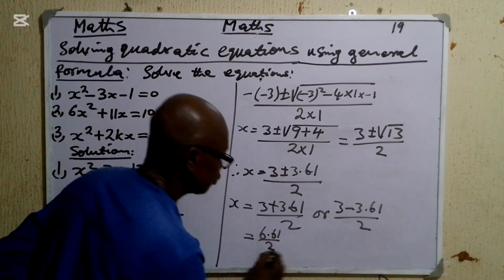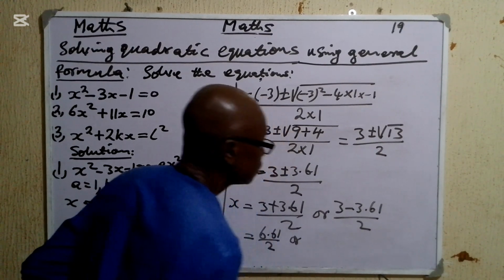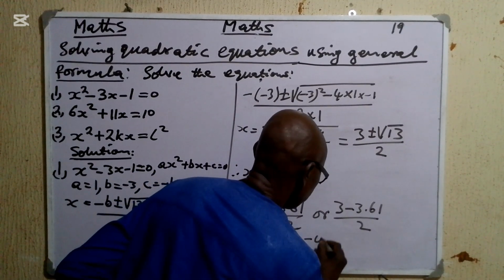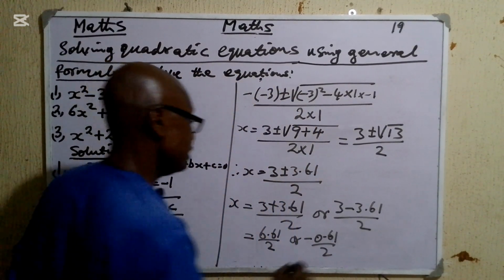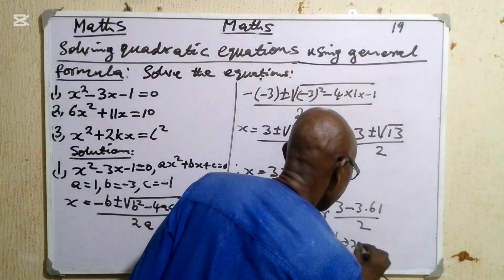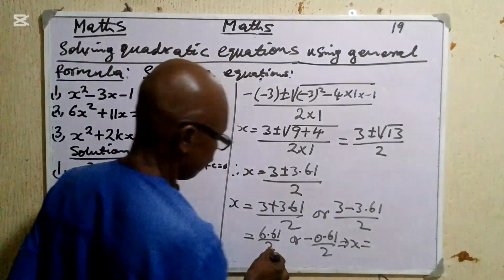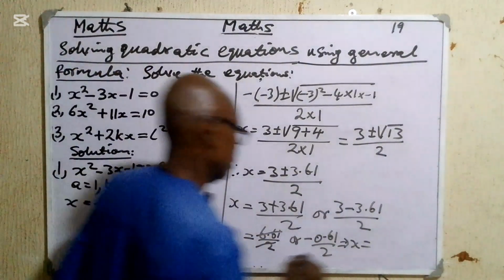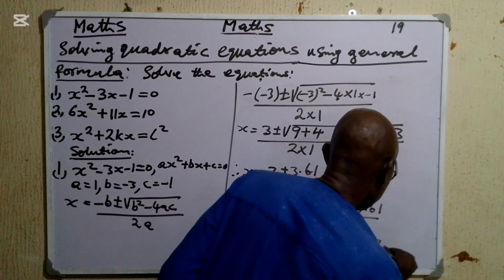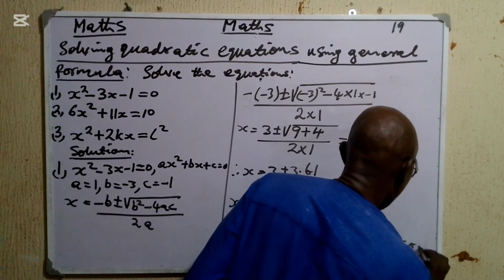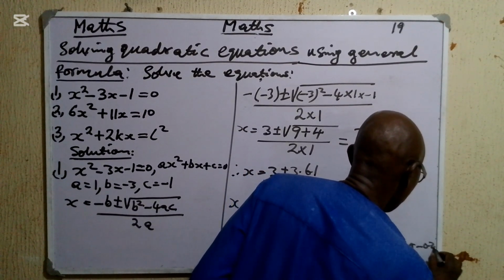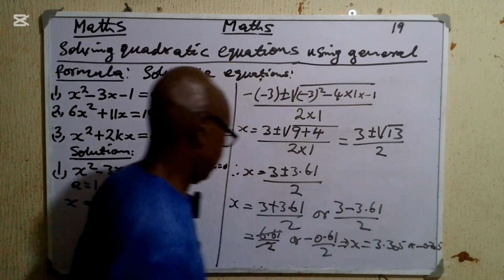And finally, this will give us 6.61 over 2, or minus 0.61 over 2. And then this will lead us to x equal to, if you use 2 to divide, 3.305 or minus 0.305.